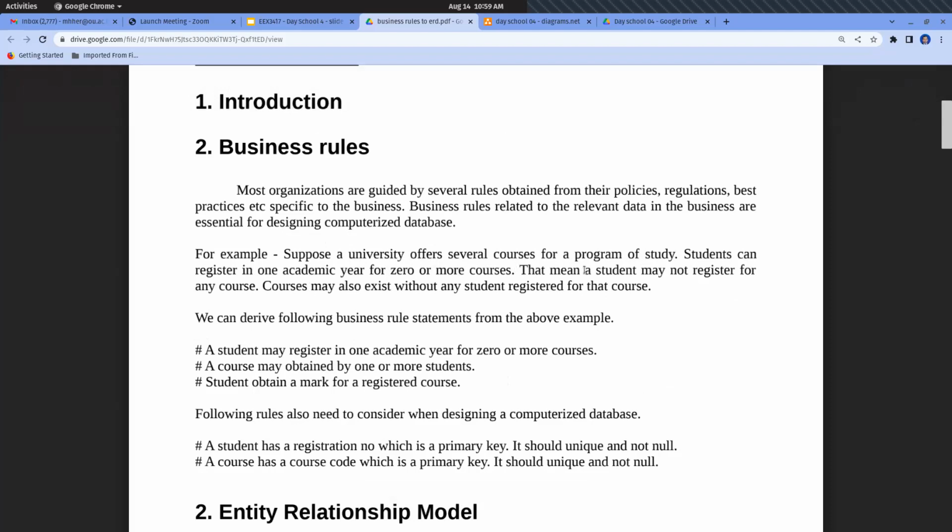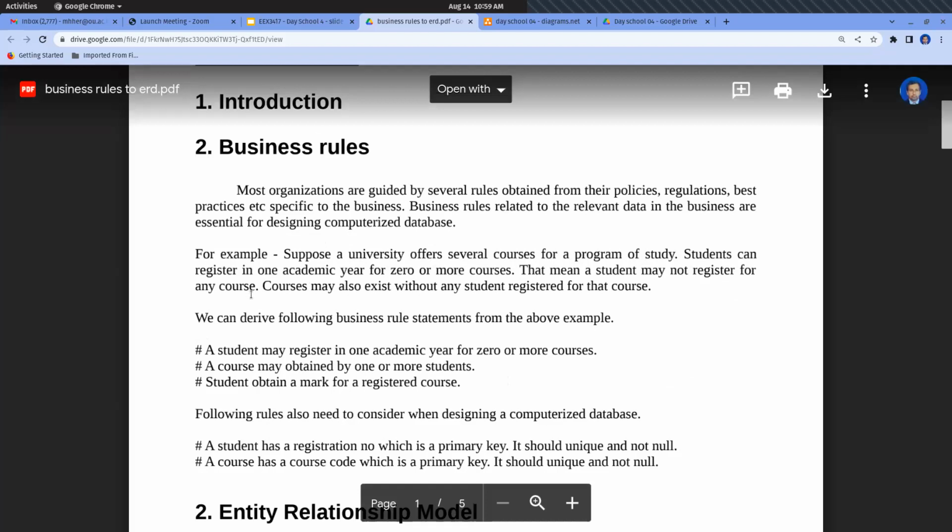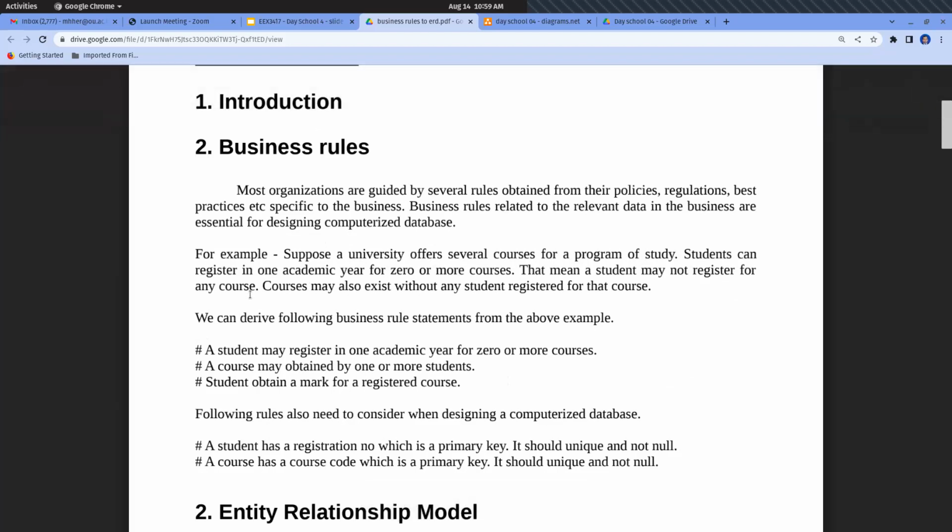That means a student may not register for any course. Courses may also exist without any student registered for that course. Before starting any entity relationship diagram, you have to write, in software engineering, there are several phases.